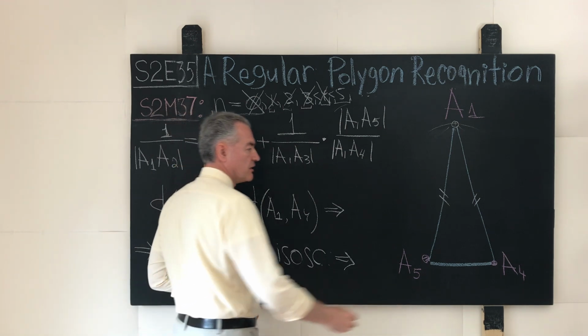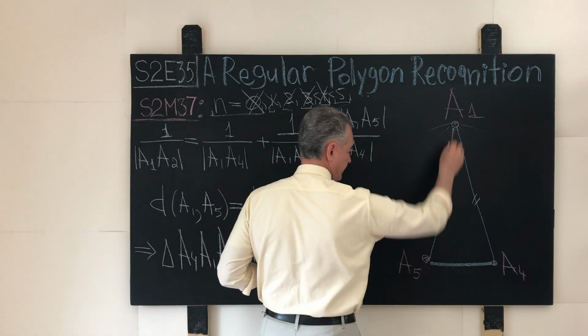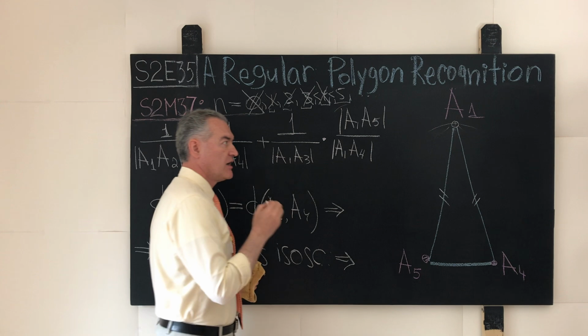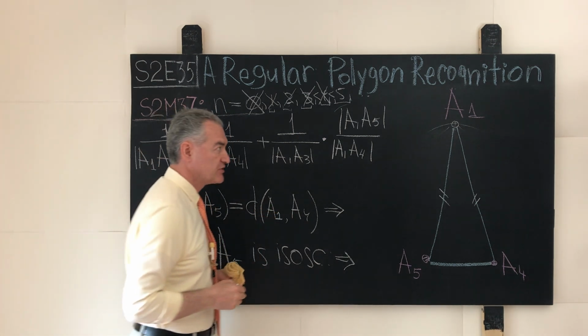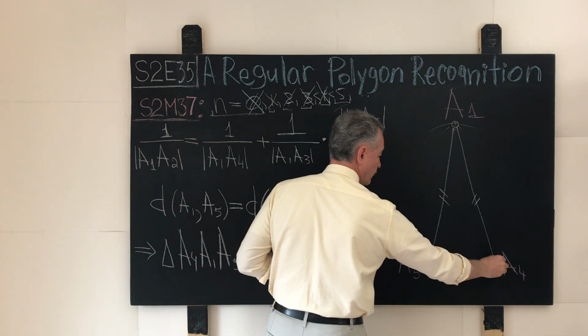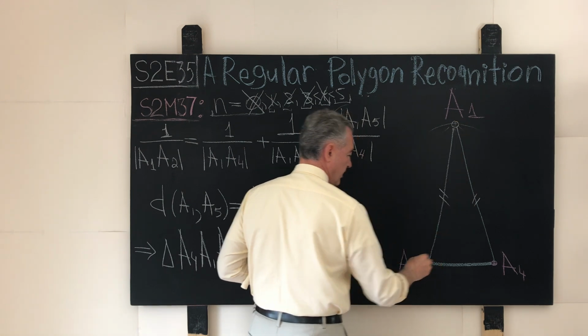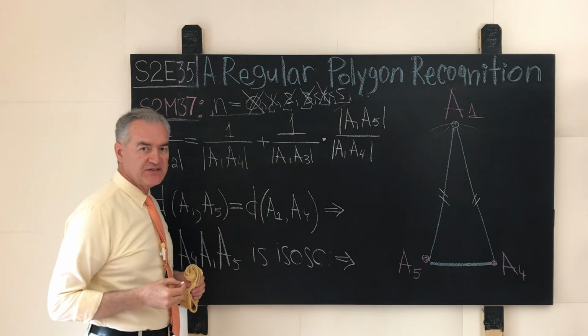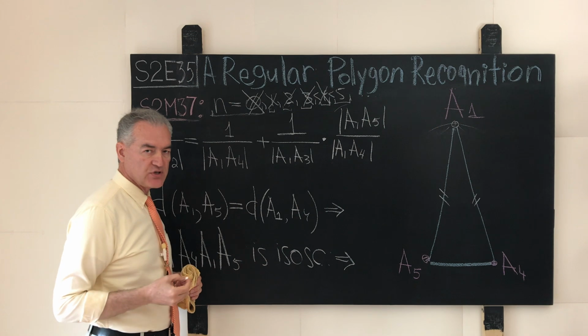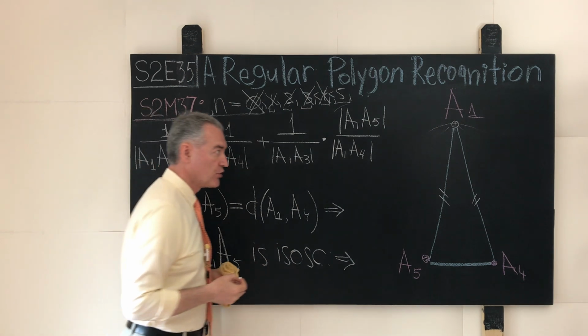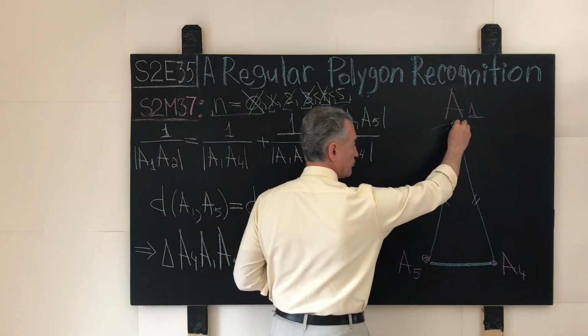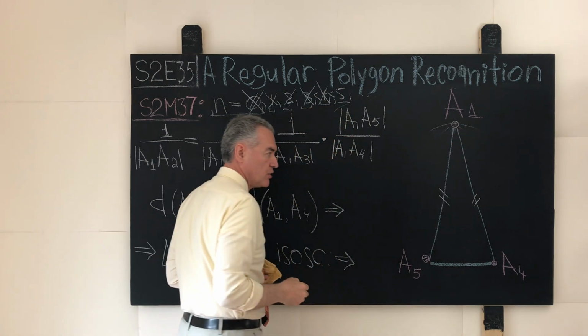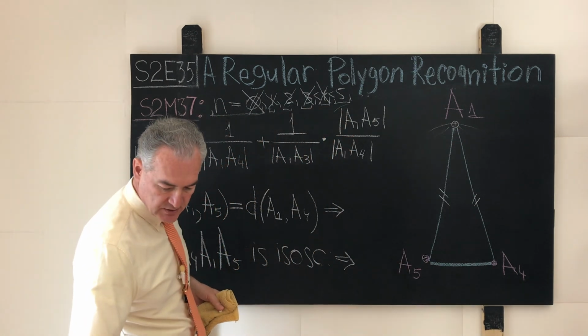If the triangle A4, A1, A5 is isosceles with the lengths of its sides A1, A4 and A1, A5 being equal, that means that all three geometric objects that emanate from the vertex of this isosceles triangle, the point A1, are actually one and the same object.